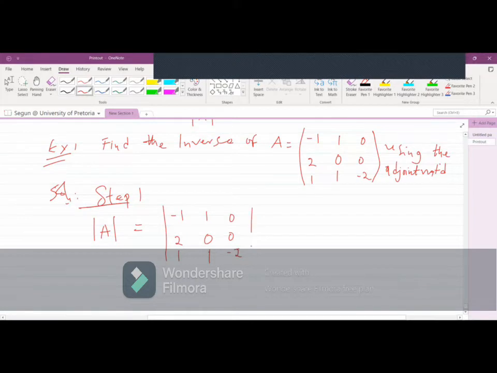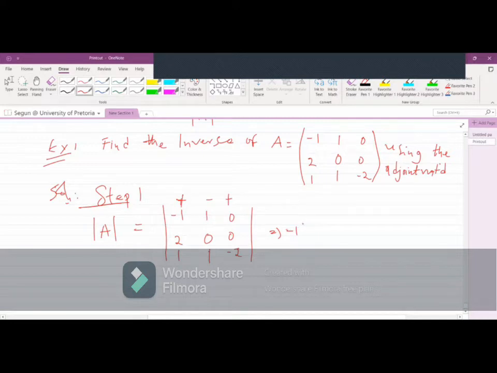How do you get 4? Remember, we have plus, minus, plus, right? The determinant is -4? Okay, let's continue. How do we start? From -1, right?